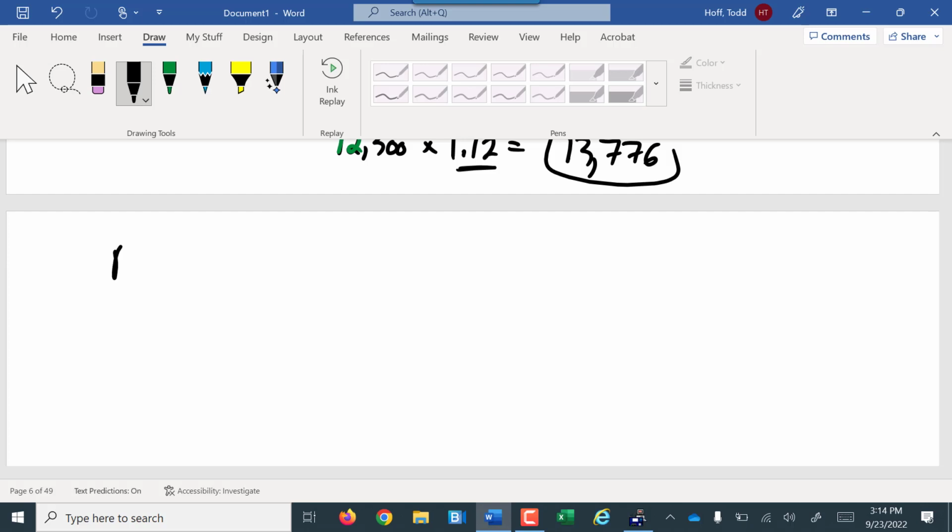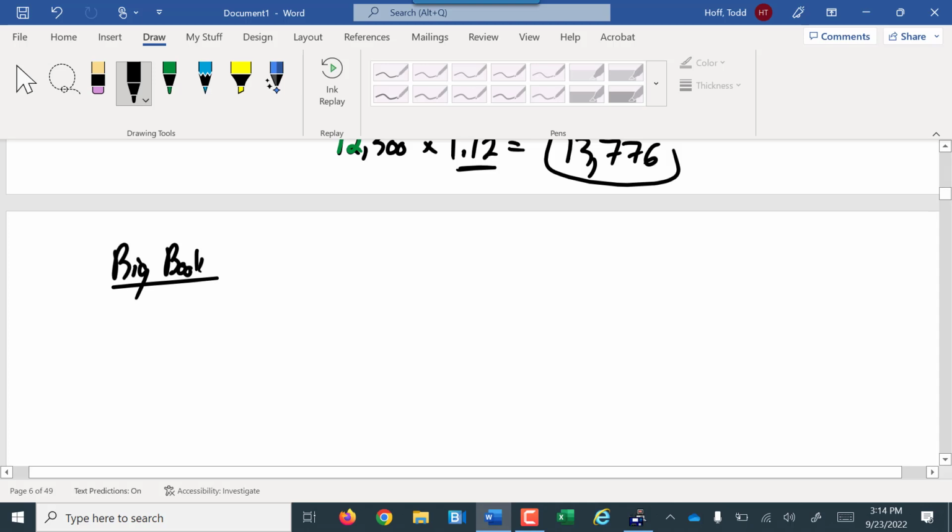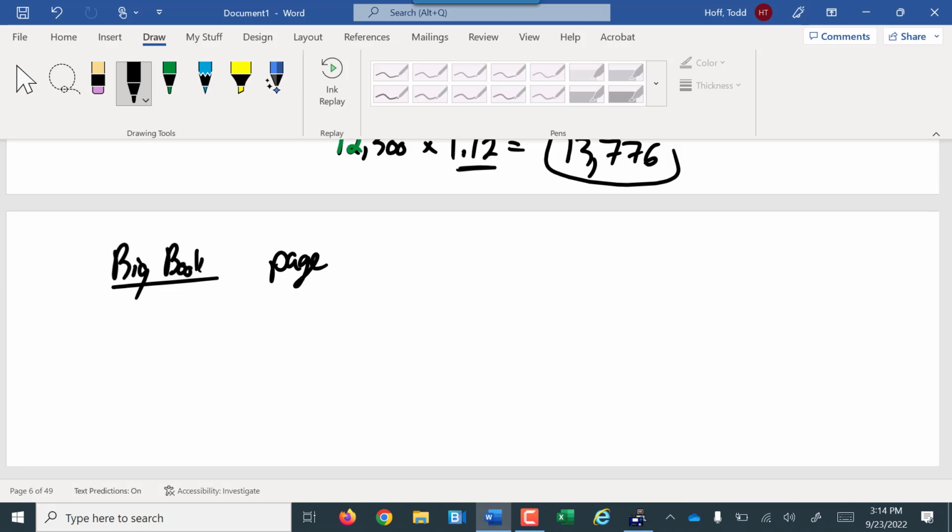Okay, we got a couple of assignments here. In the big book, the big thick book, it's going to be page... we'll keep it fairly simple here. Actually, I got to get the correct edition. I'm going to grab my book to make sure I'm getting you the right page.